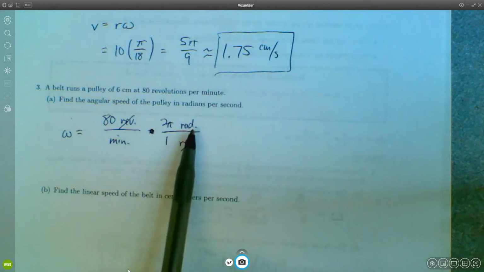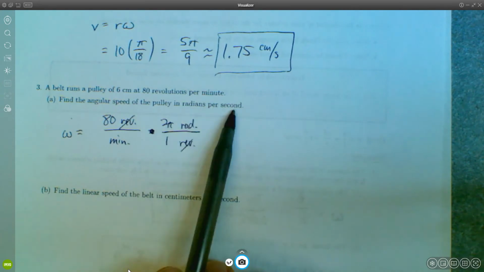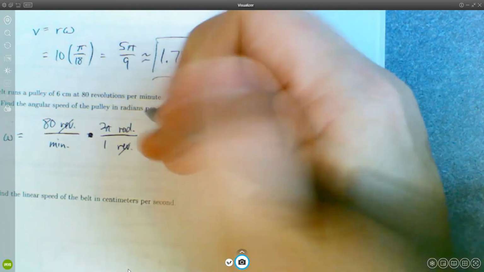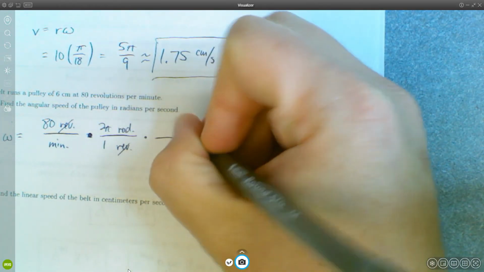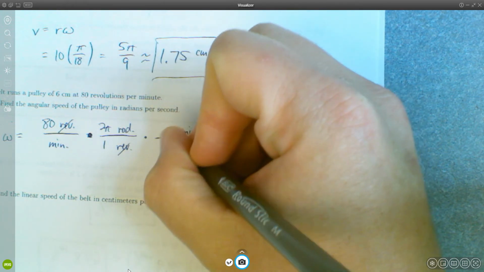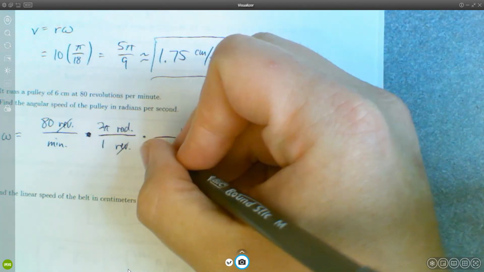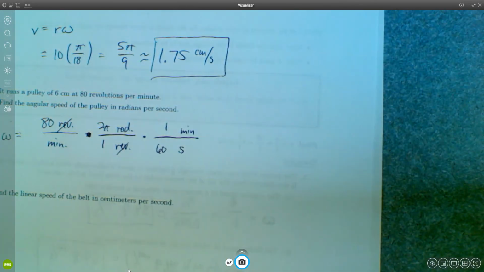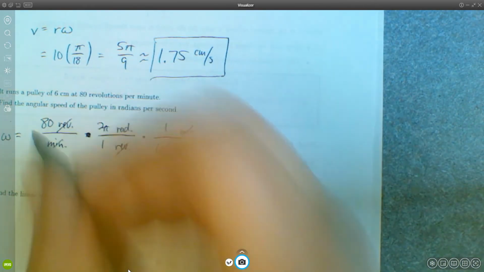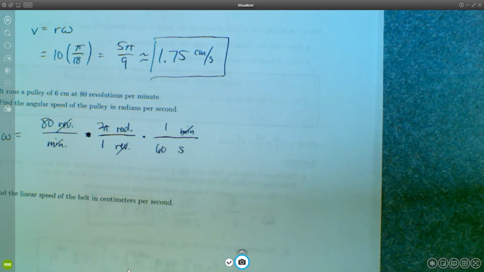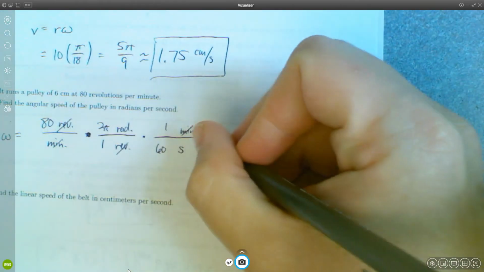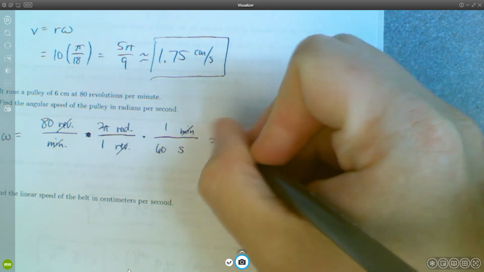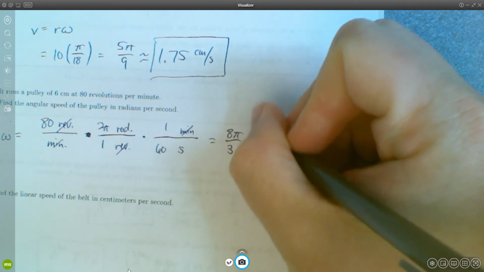So now, if we just do that, we'll have radians per minute. We want radians per second. So let's get rid of the minutes and keep seconds. 60 seconds in 1 minute, right? That'll get rid of our minutes, and then we'll have radians per second left over. So let's see what we get. 80 times 2 pi divided by 60 is 8 pi over 3 radians per second.